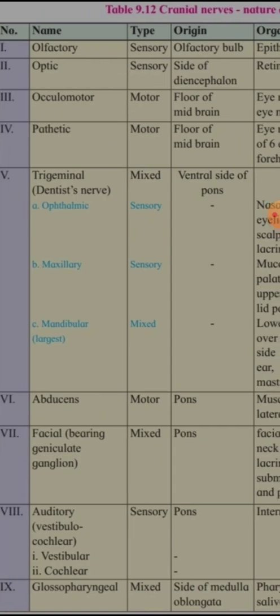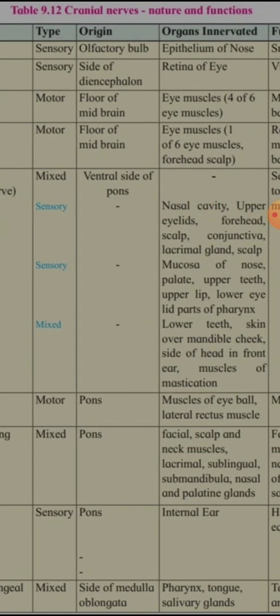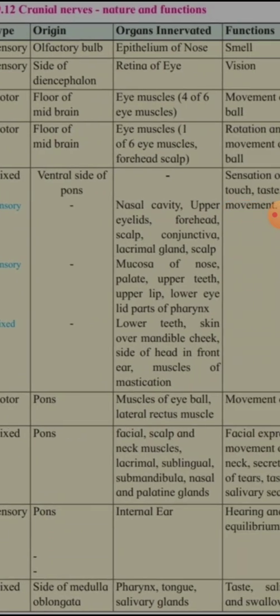The second one is the maxillary, that is also a sensory one, and the origin is not given. It innervates the mucosa of the nose, palate, upper teeth, upper lips, lower eyelid, parts of the pharynx.